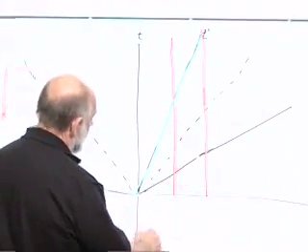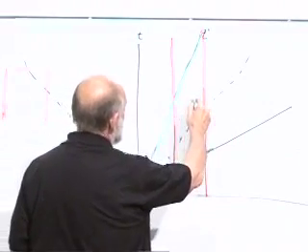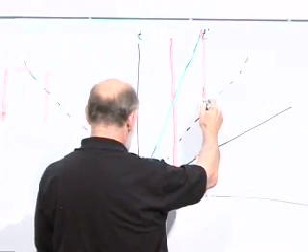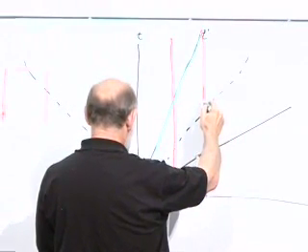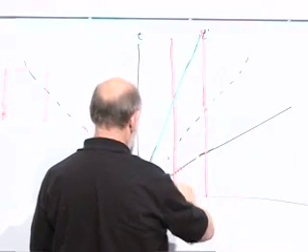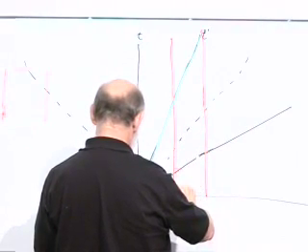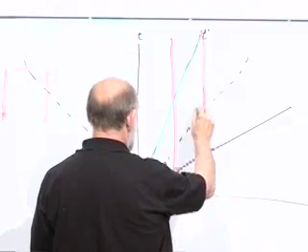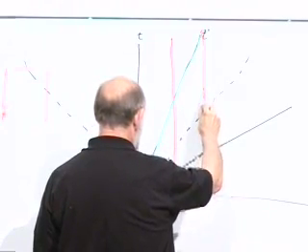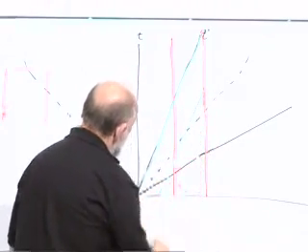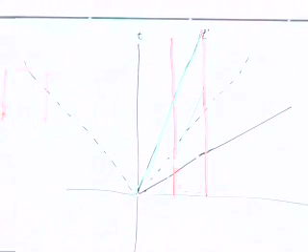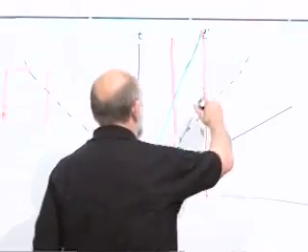Okay, I will draw in the front end of the limousine, about over here. There's the front end of the limousine moving with the same speed, of course, as the back end.